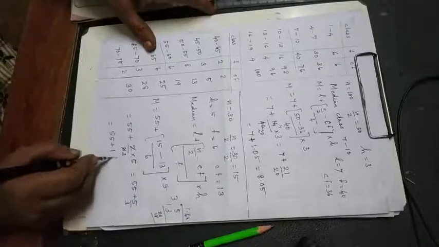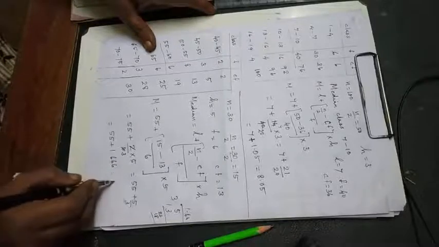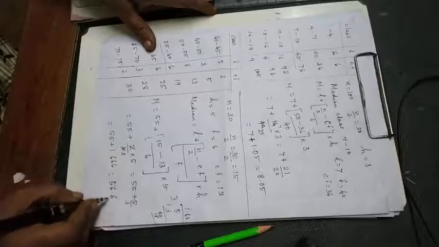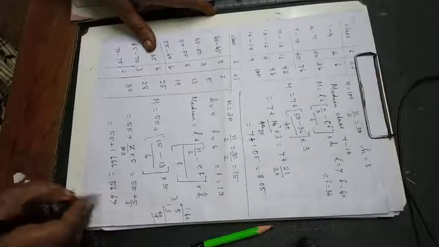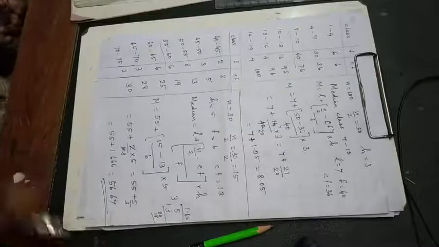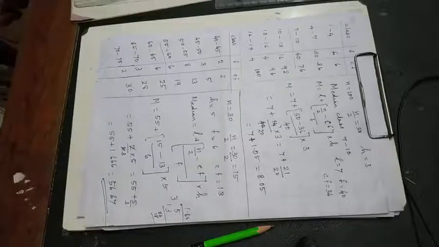So 1.66 like that. So you can write 56.666 like that it will come. You can round off to 56.67. Okay.